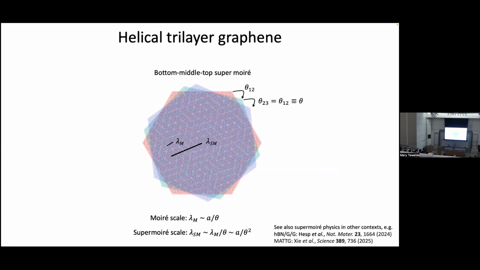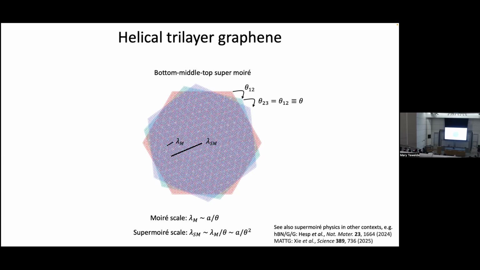When we stack these three layers on top of one another, though, maybe you can pick out, I'm having some trouble here, but I've labeled it, there is an even longer super moiré modulation. Again, you should think of it as an interference pattern between the two individual moiré patterns of the two pairs of layers.